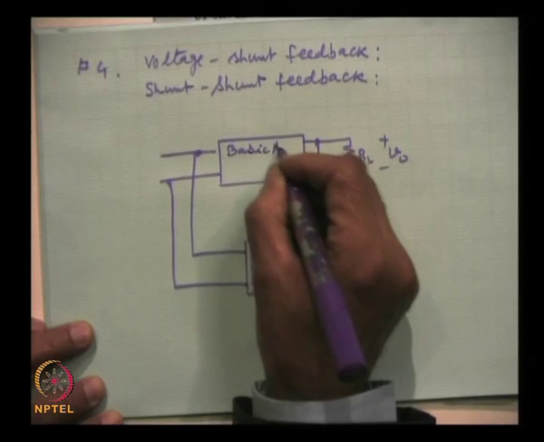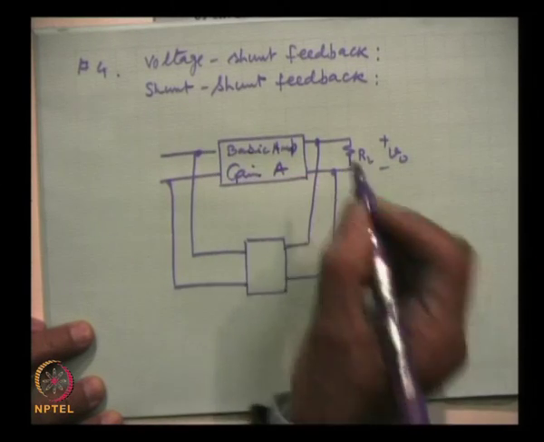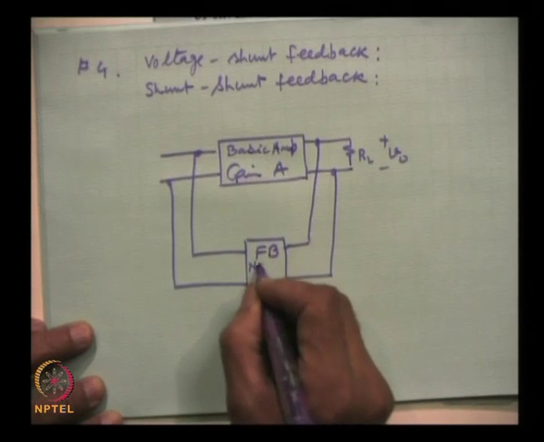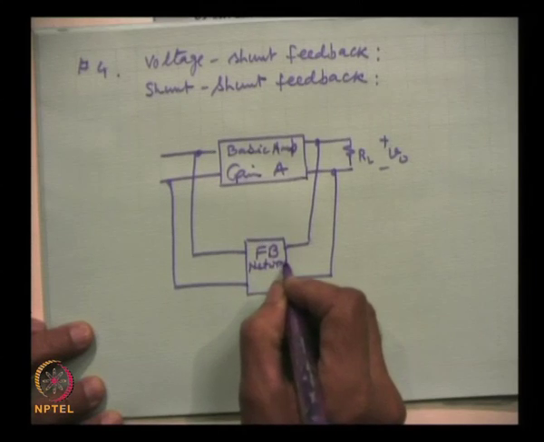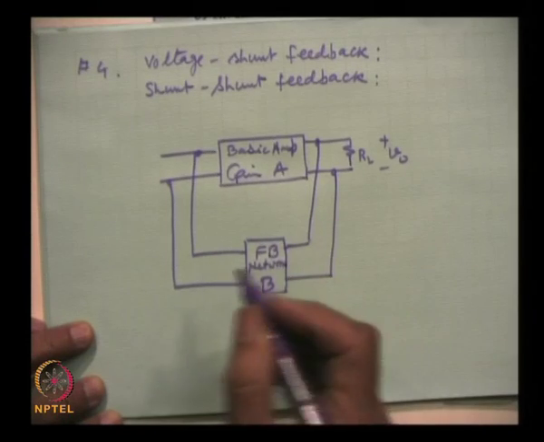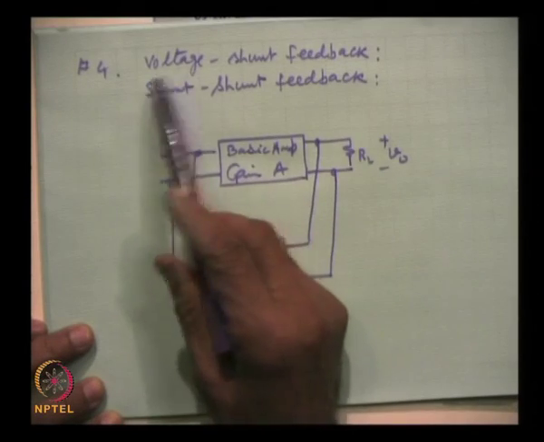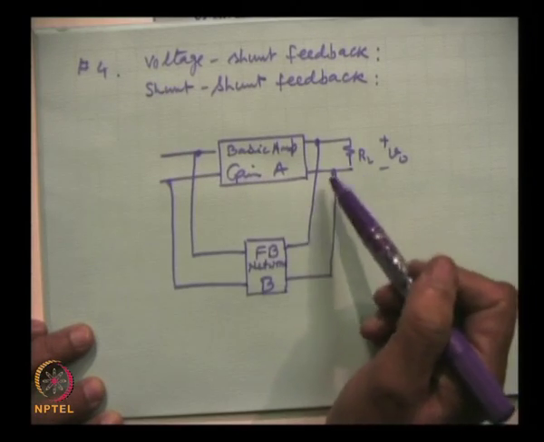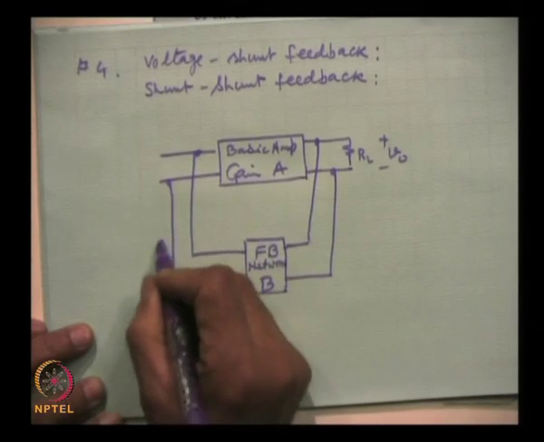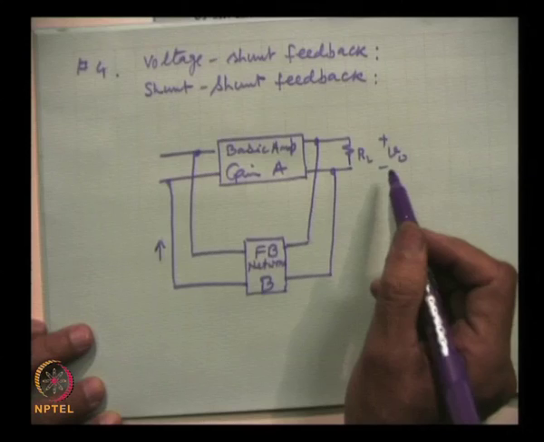the basic amplifier having gain A, open loop gain, and this is the feedback network having gain B. In this we are sampling the output voltage, a fraction of the output voltage, and the current which will vary in proportion to the output voltage V0.